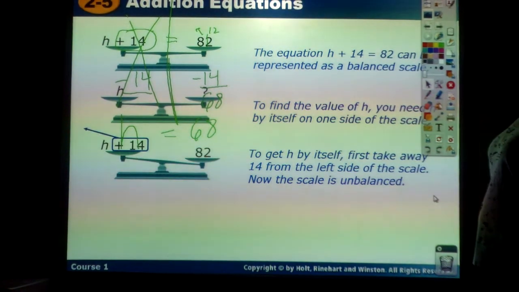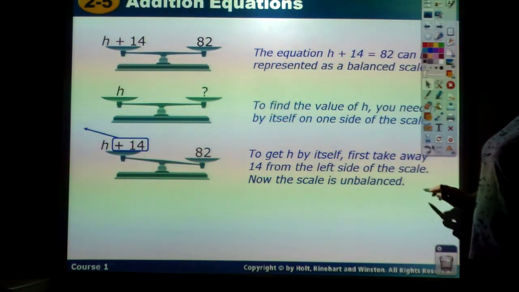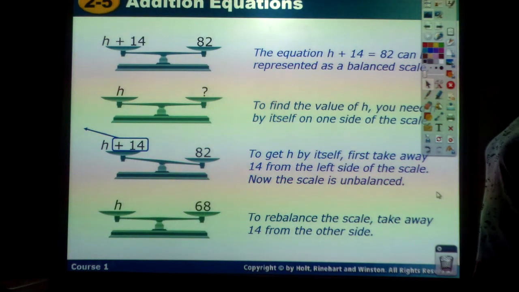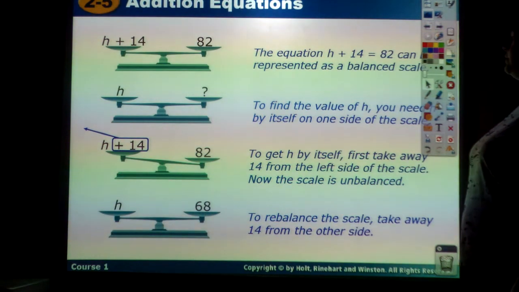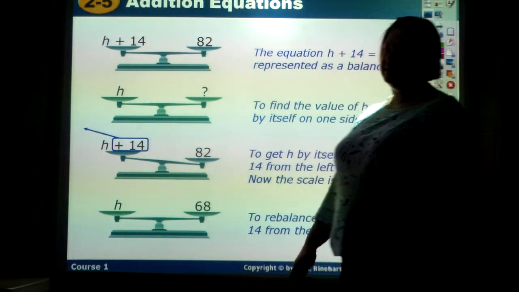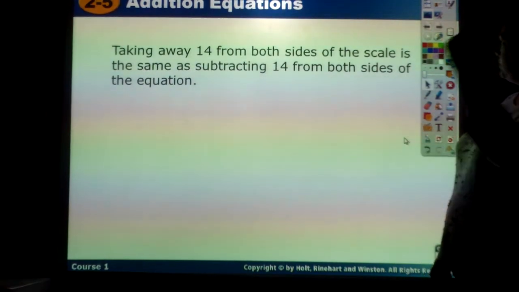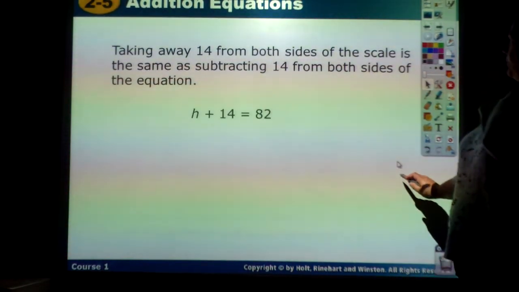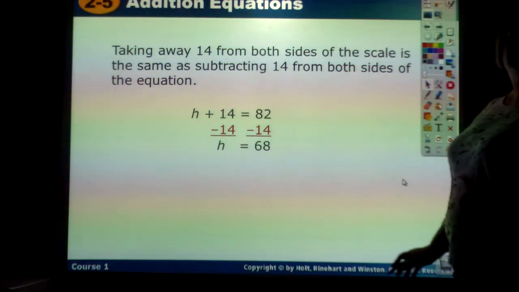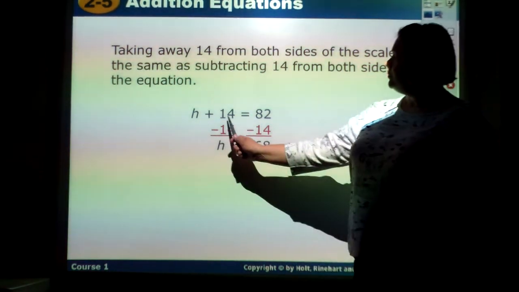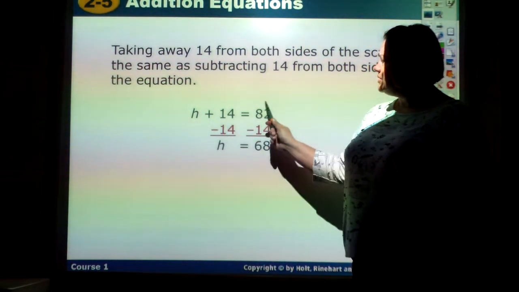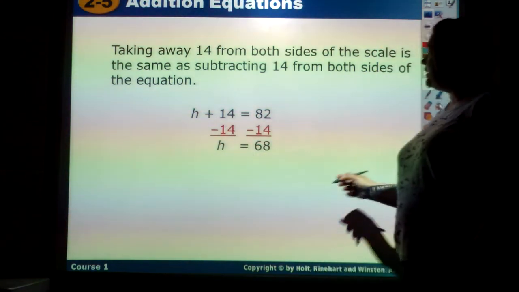Okay, this is what we just did. We subtracted this away from there, subtracted it from this side, and we get 68. This looks more like what we've done in class in the past, where we have our variable, we isolate that, take away what's left, the 14, subtract 14, and h equals 68.